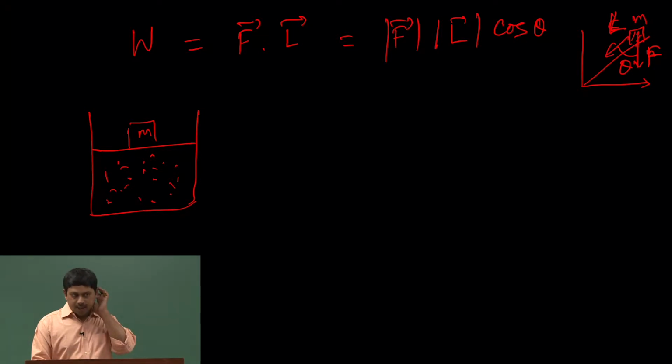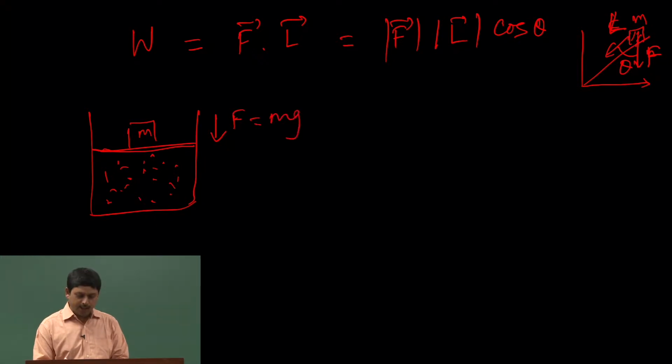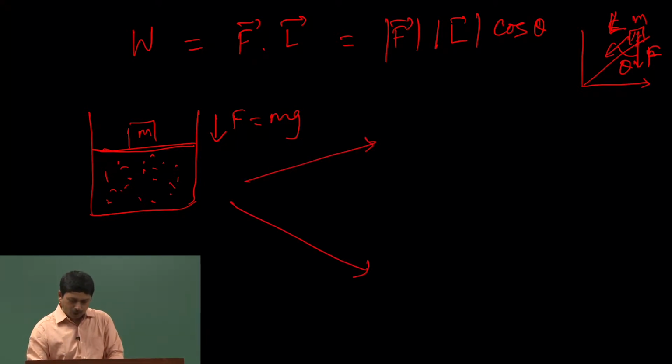Now, when a mass m is sitting on top of a piston, so this is the piston, then the force that is acting on the gas is in this direction, and that force is typically mg, mass multiplied by the gravitational attraction g. Now, there can be two different situations, one is compression, another is expansion.